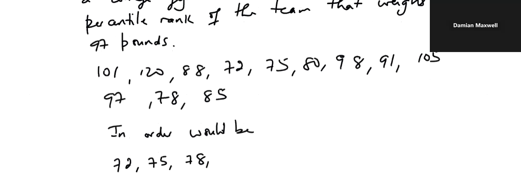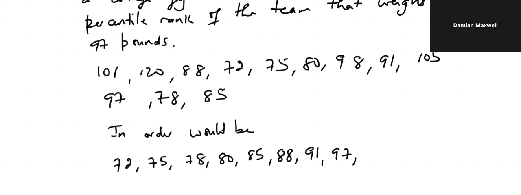What would it be in order now? What do we have? 72, 75, 78, 80, 85, 88, and then we have 91, 97.